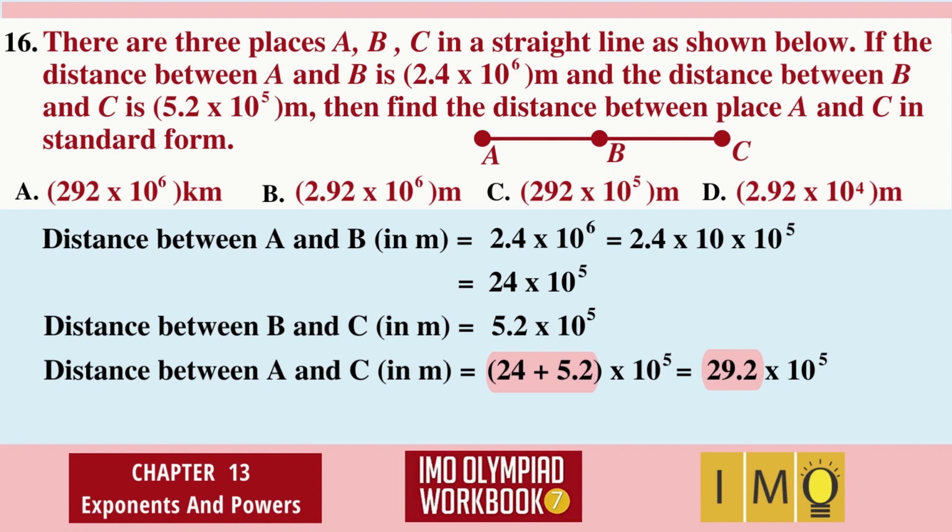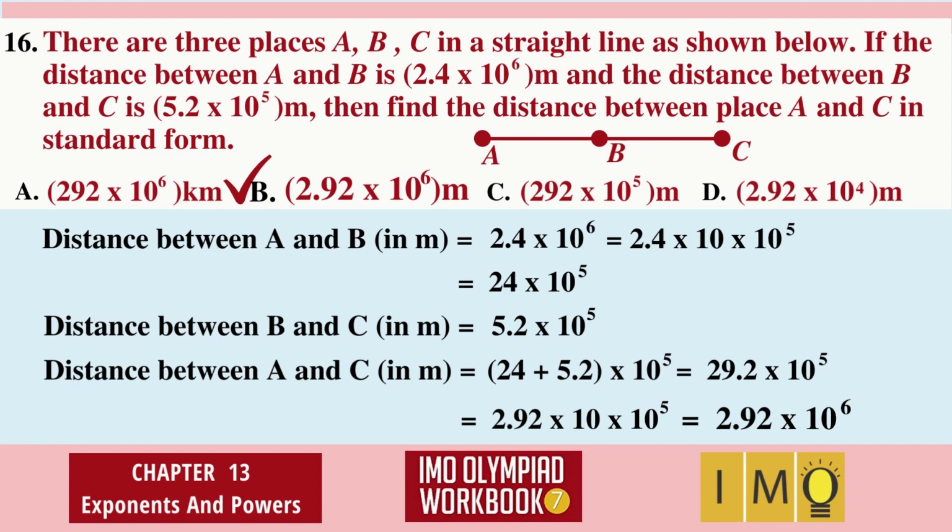But we are asked for the answer in standard form. So we write 29.2 as 2.92 into 10. So our final answer becomes 2.92 into 10 to the power of 6, which gives us the right option of option B.